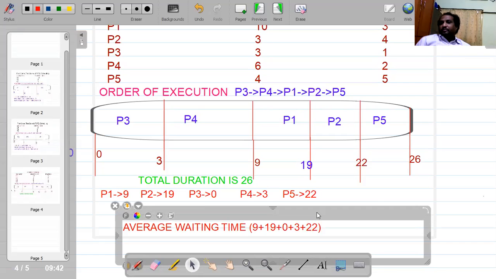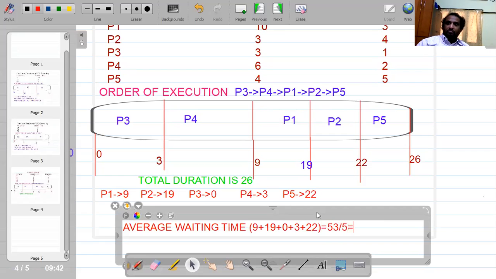How much is the total? Can anybody calculate and tell me the total? 53. Divided by how many processes are there? 5.